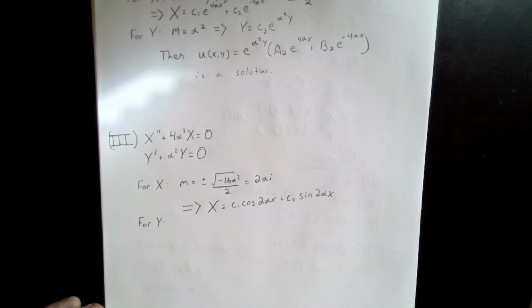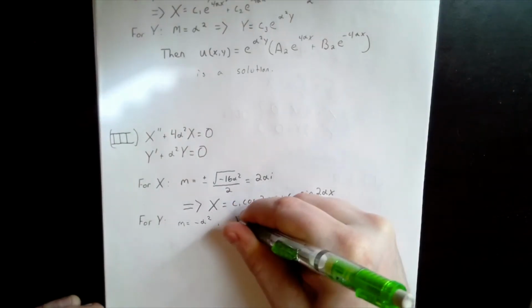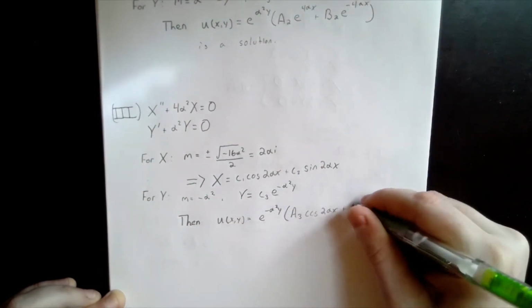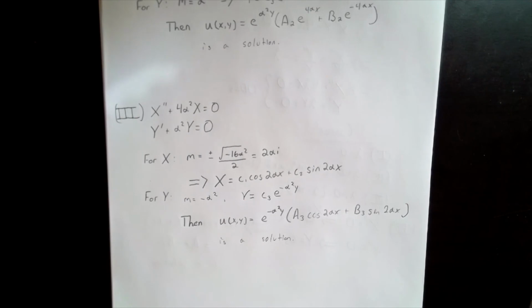Then x equals c1 cosine 2 alpha x plus c2 sine 2 alpha x. The equation in y yields another exponential solution, c3 e to the negative alpha squared y. We then have a third form of the solution u to our original partial differential equation.